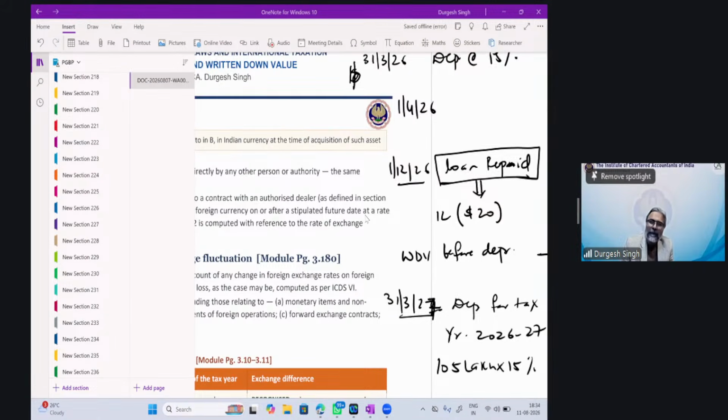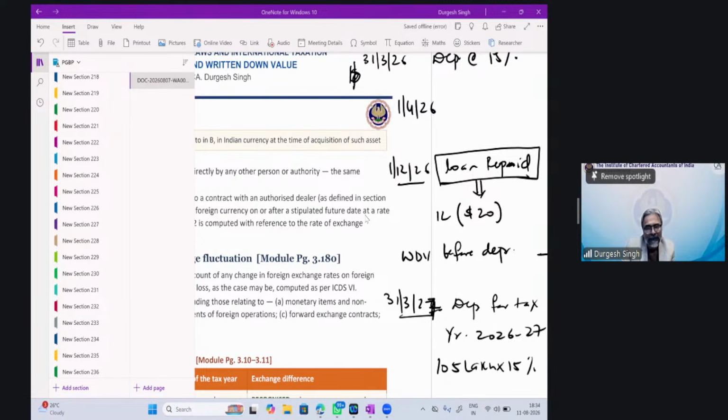Students, that 50% of the normal rate of depreciation is applicable only in the case of what? The 50% of the normal rate of depreciation is applicable only when two conditions are satisfied. Again, I'm repeating: only when two conditions are satisfied.